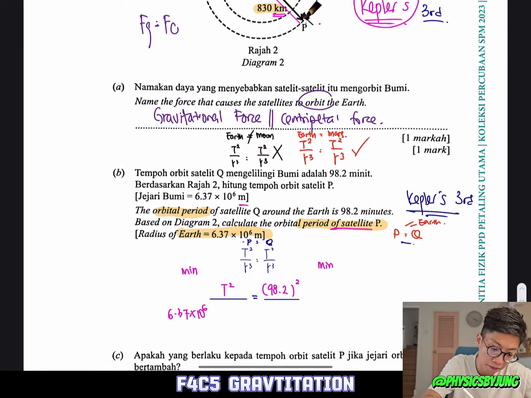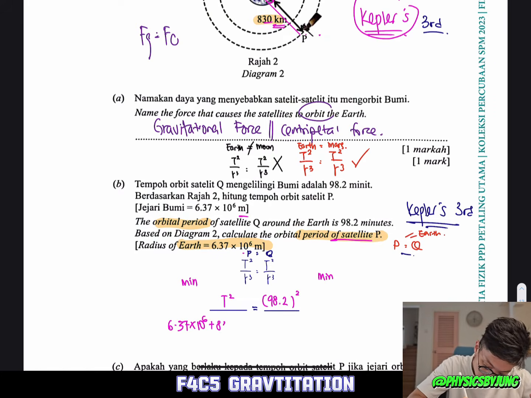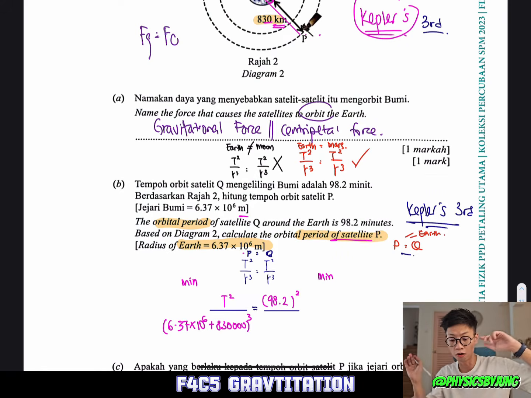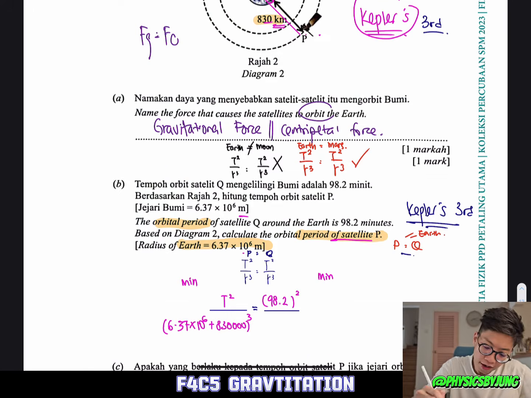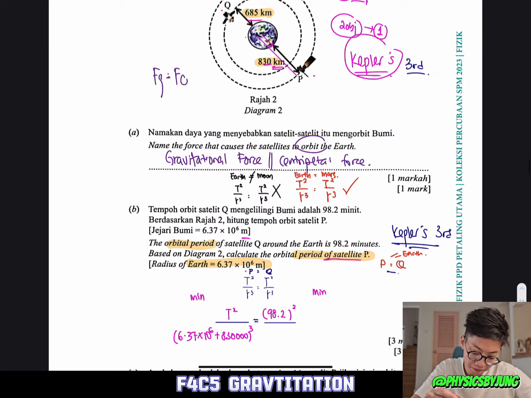6.37 times 10 to the power 6. That is the radius of the Earth first. I'm going to add 830,000 meters. So 830,000 meters. I bracket the whole thing, then I put the cube. Remember, your whole entire thing is add first, then you bracket and cube. Alright? Then for Q, 685 km. So we just repeat the same step.